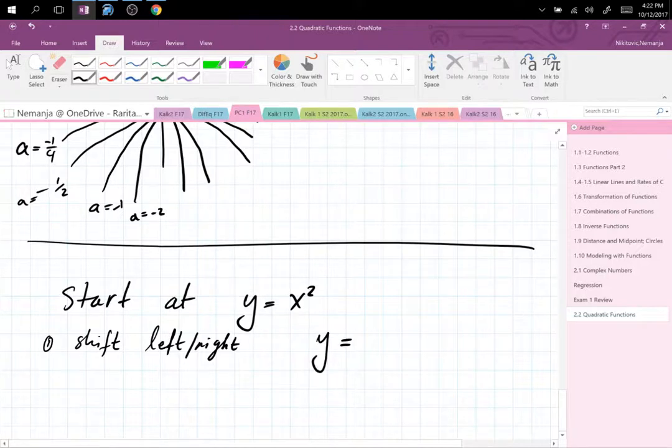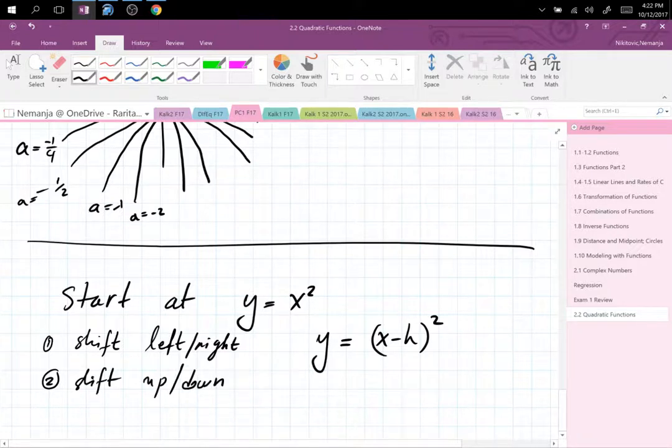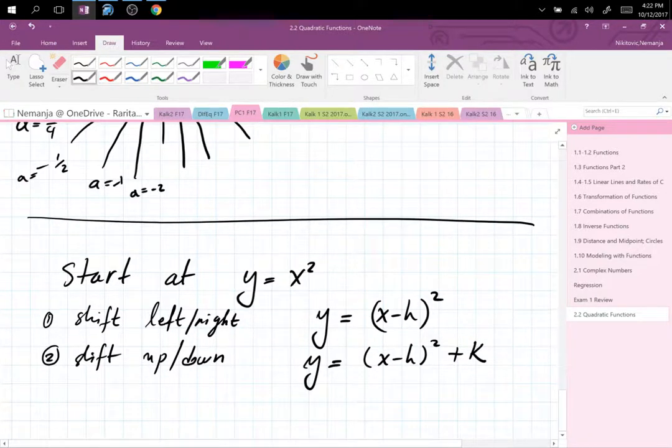So the equation now changes into, I'll use h, right? Number 2, shift up, down. And we add plus k. Stretch or shrink.